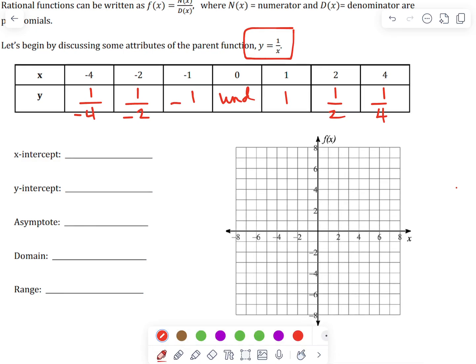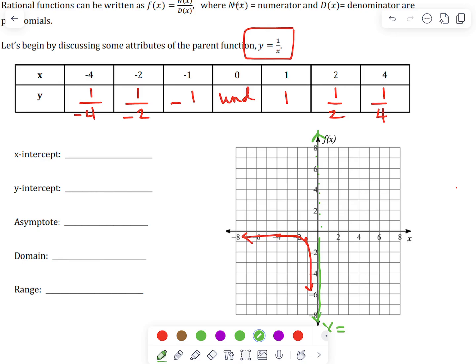So we'll go left 4, down 1/4, left 2, down 1/2, left 1, down 1. So what happens is we get a curve forming, and then it's undefined, so we create what we call a vertical asymptote where it's undefined.